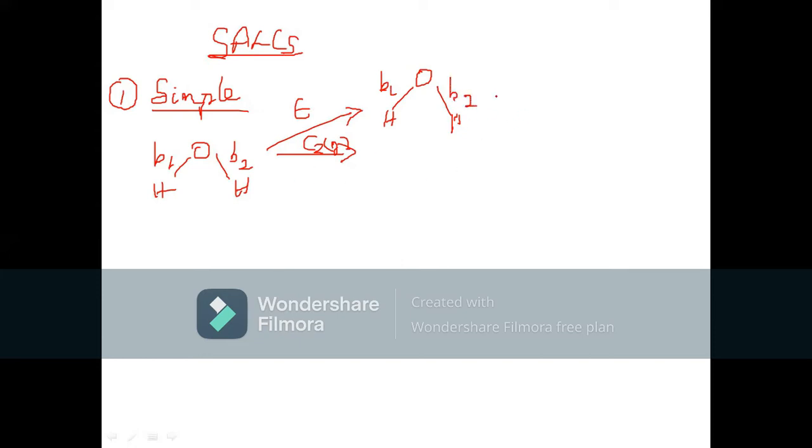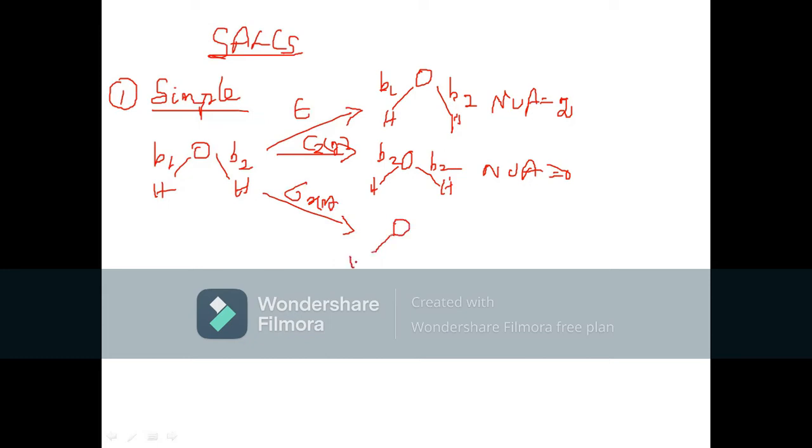So the number of unshifted bonds is 2, and on C2 both the bonds get shifted, so B2 comes here and B1 comes here, so the number of unshifted bonds is equal to 0. And sigma xz is going to be the molecular plane, in which I'm not going to have any bonds unshifted.